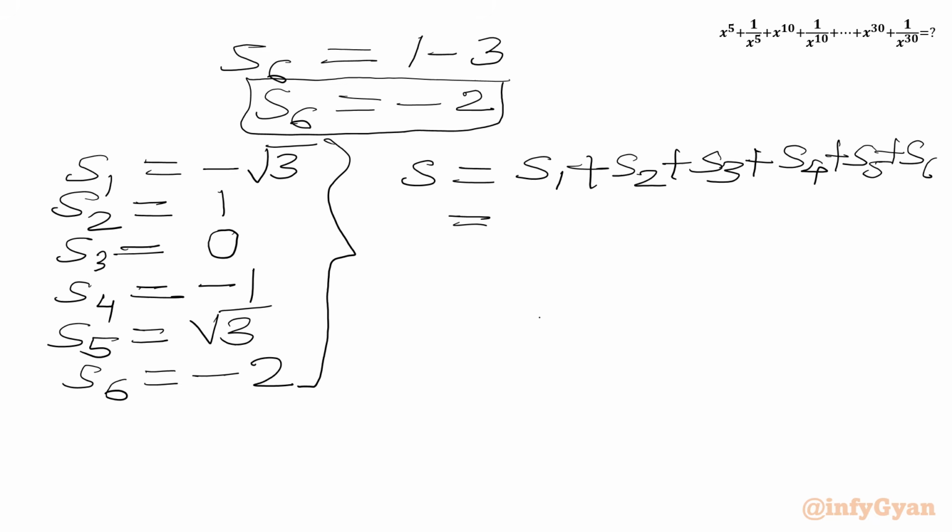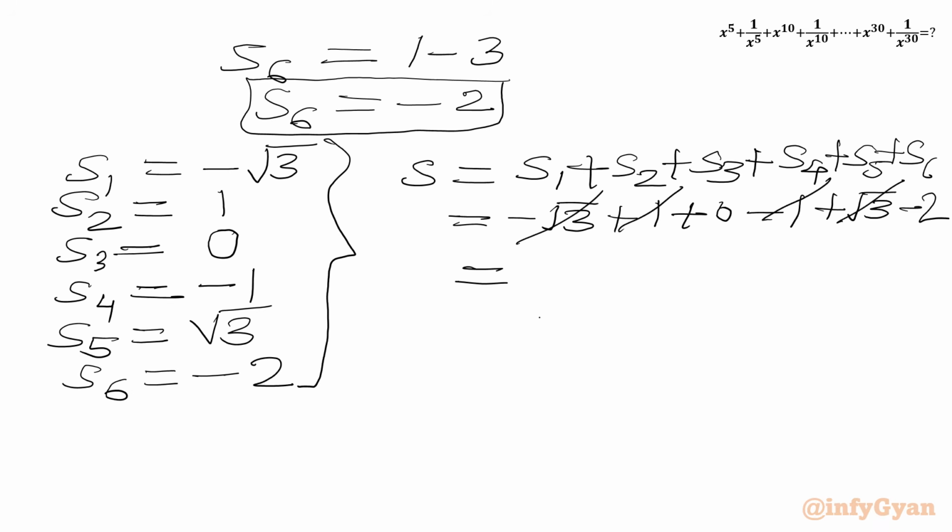We will write here minus root 3 plus 1 plus 0 minus 1 plus root 3 minus 2. Minus root 3 plus root 3, plus 1 minus 1. So there will be minus 2 left. So our final answer becomes sum will be equal to minus 2.